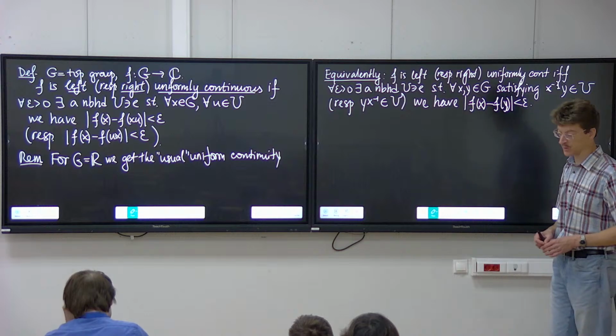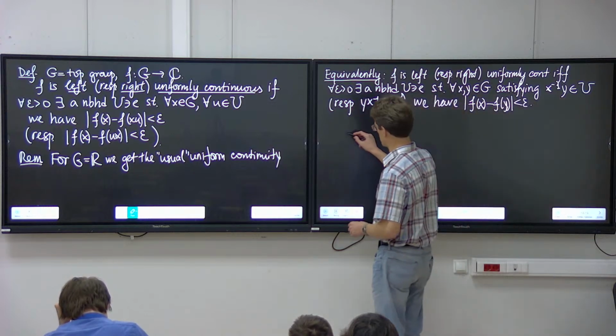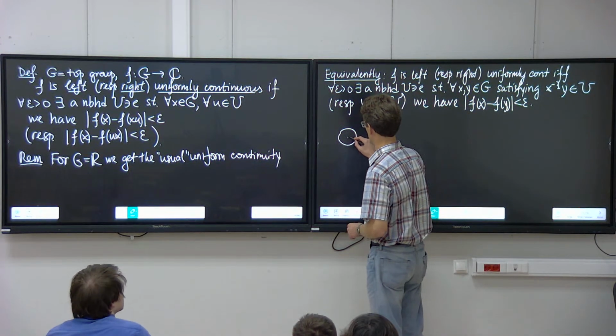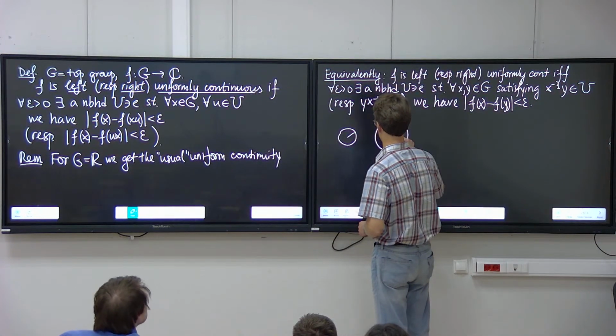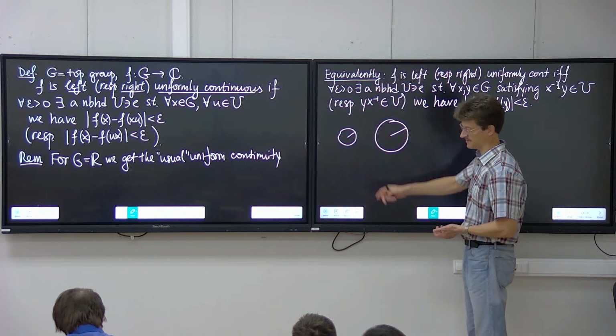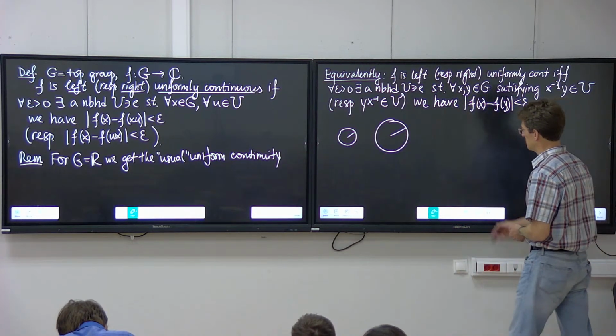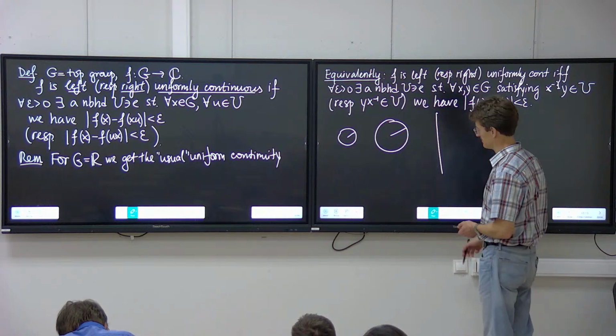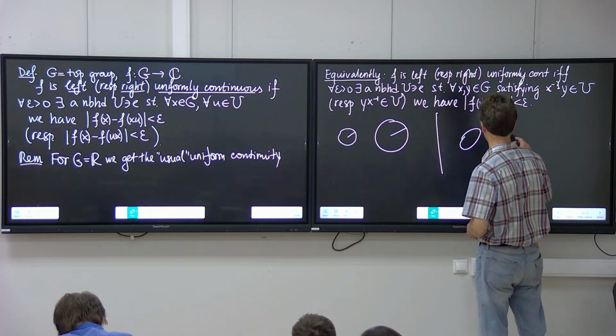In a metric space, we can compare balls with different centers simply by comparing their radii. So this is bigger than this because the radius of this ball is bigger than the radius of this ball. In a topological group, we have two options of comparing neighborhoods of different points.